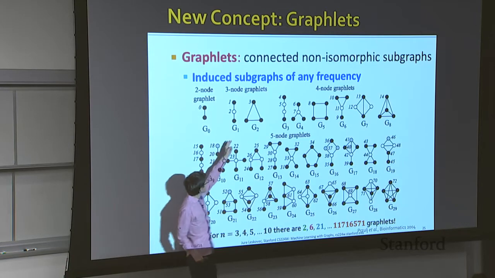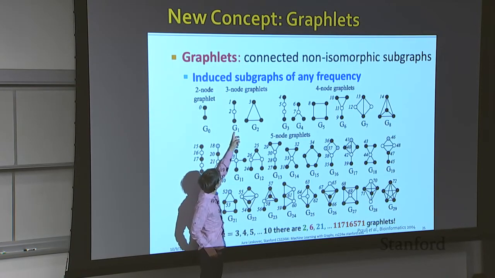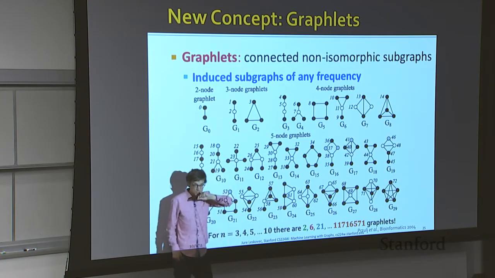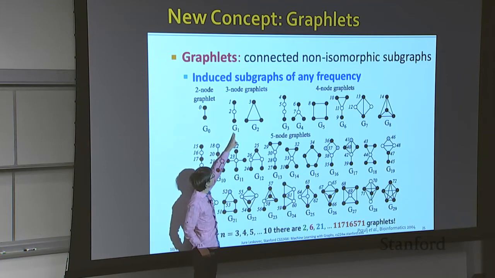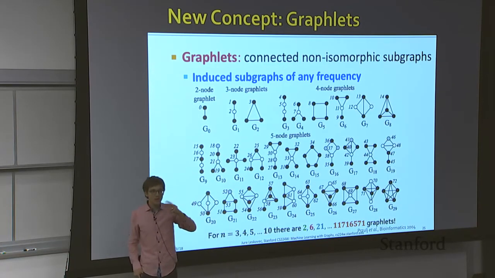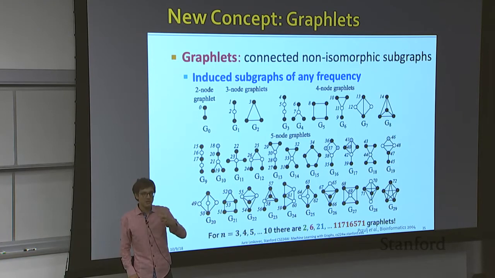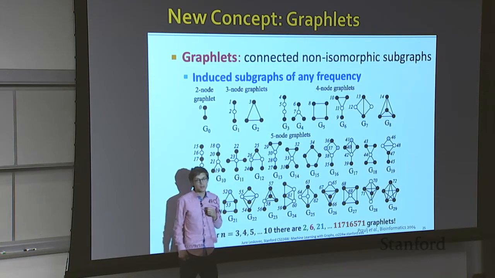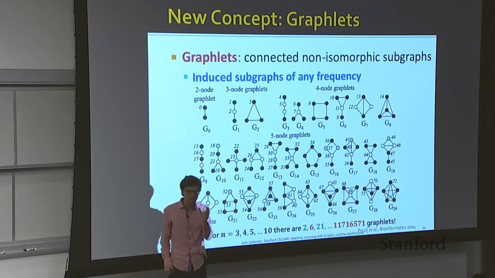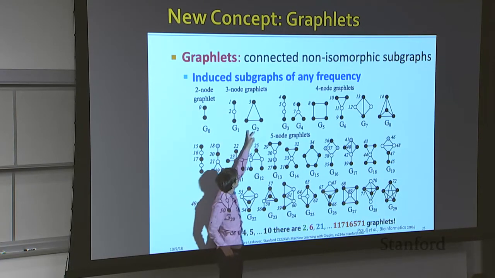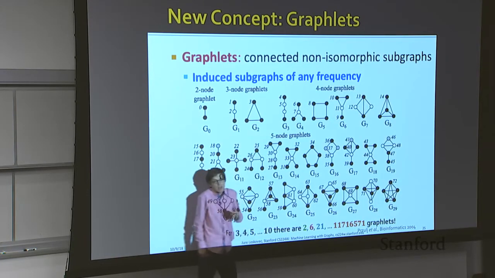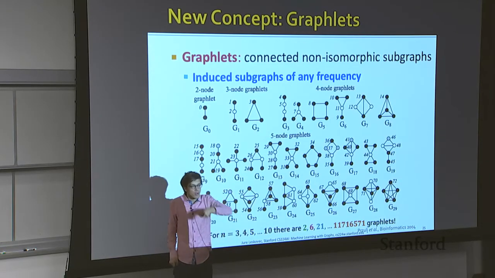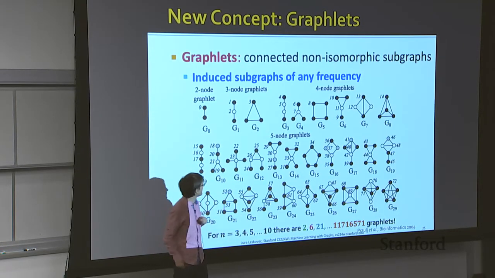For this chain of two nodes, for example, you have two non-isomorphic positions in this graph. You can be at the beginning of the chain, or you can be in the middle of the chain, and those are different, right? If you are part of a triangle, you can be at any of the corners of the triangle. They are all symmetric, so it doesn't really matter, right?